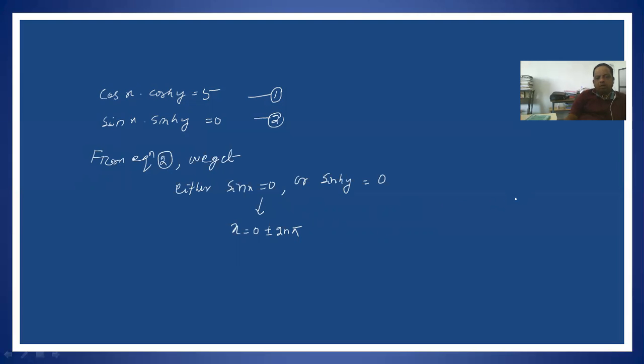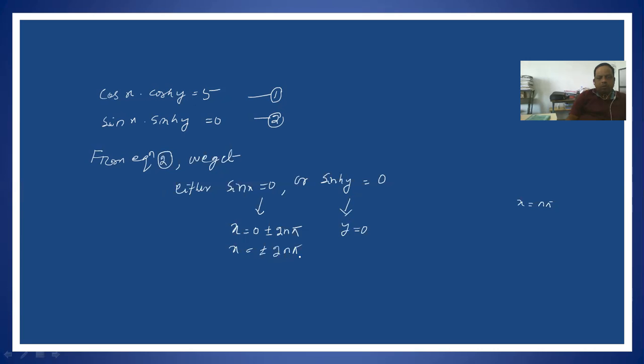Here we never consider x equal to n pi, because the general solution is obtained with the fundamental period of sin x, that is 2 pi. So here x equals plus minus 2n pi. If we consider sin hyperbolic y equal to 0, we get y equal to 0.